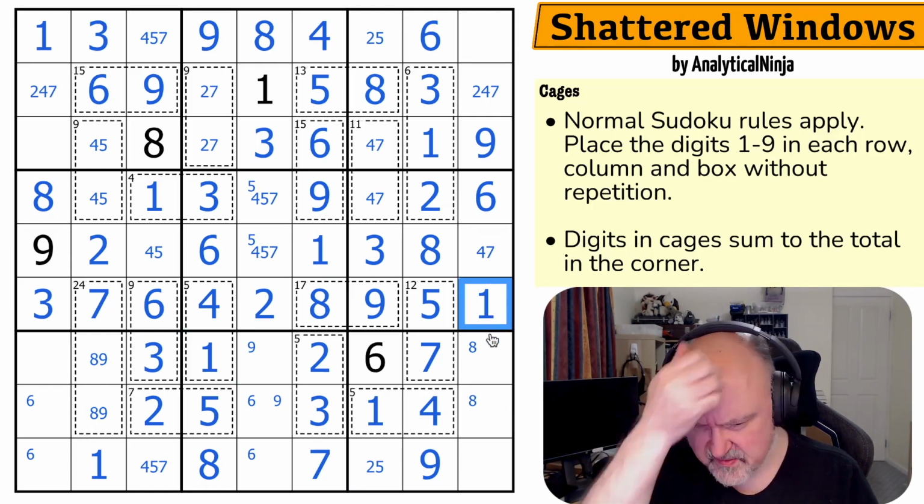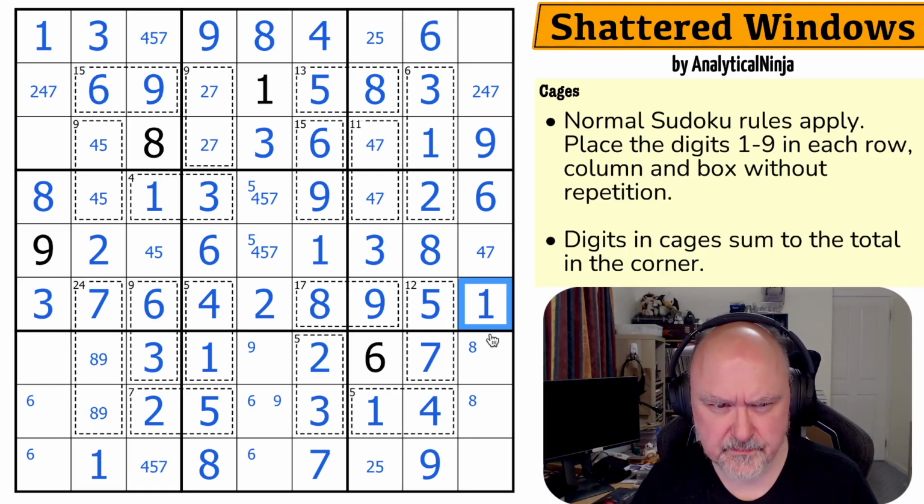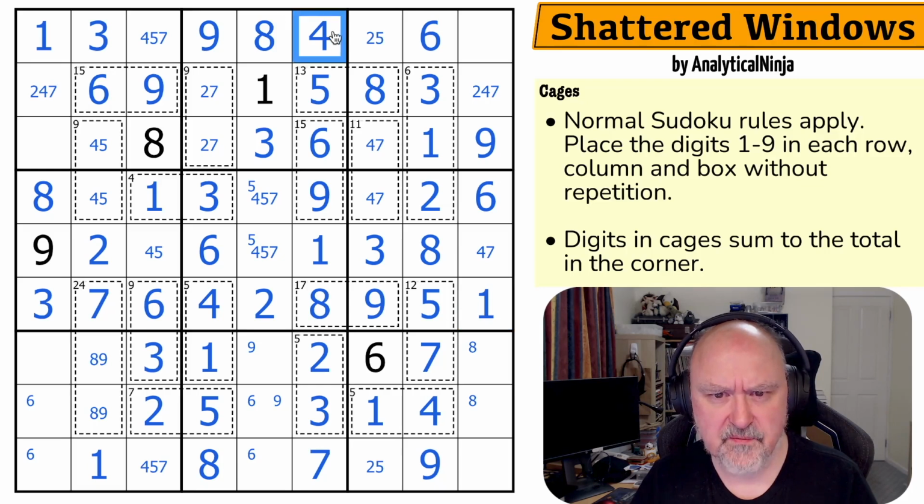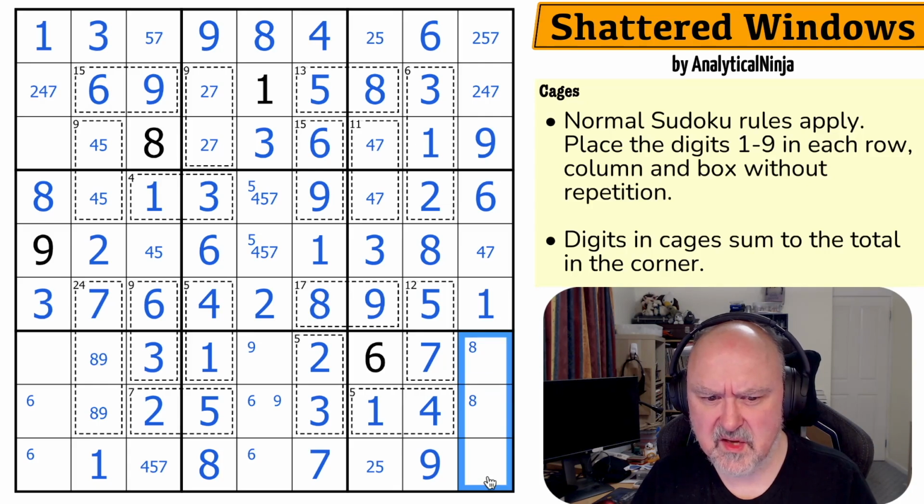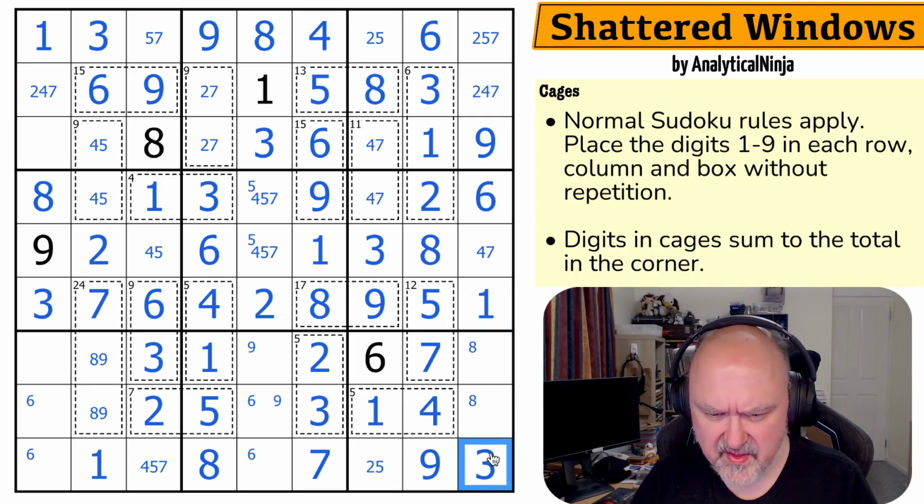It really feels like I'm nickel and diming this puzzle. Not in a phenomenally good way. I think there's going to be a lot of people ridiculing my time on this one. The 4 takes 4 out of there, so this is 2, 5, or 7. Down here, I need to put a 3 right there.